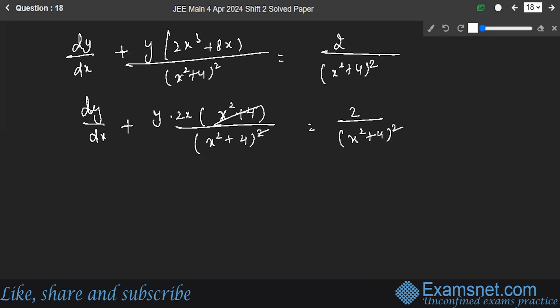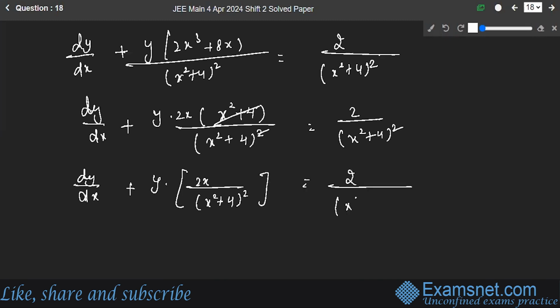So let's cancel out these two terms. You have dy/dx plus y into 2x upon (x² + 4) is equal to this.